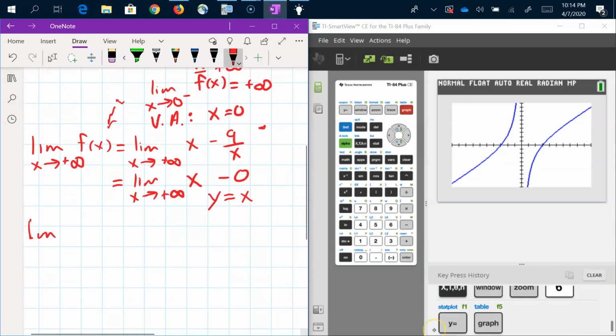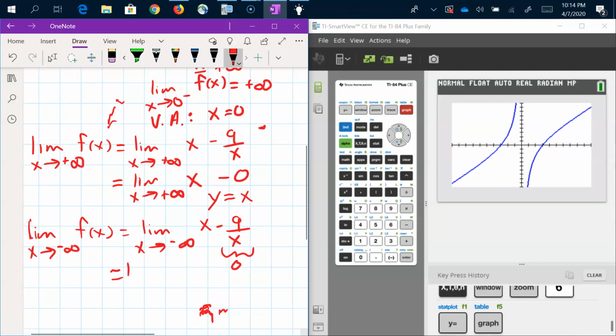Now if we go to the limit as x approaches minus infinity, we'll have the same thing. And this term here is going to go to 0 because x gets arbitrarily large. This is going to look like 9 divided by something large, which will go to 0.